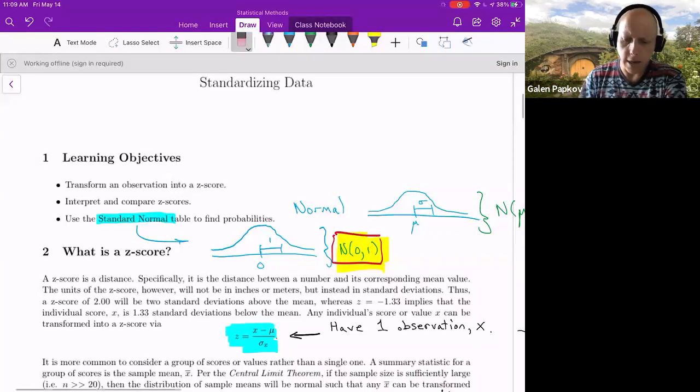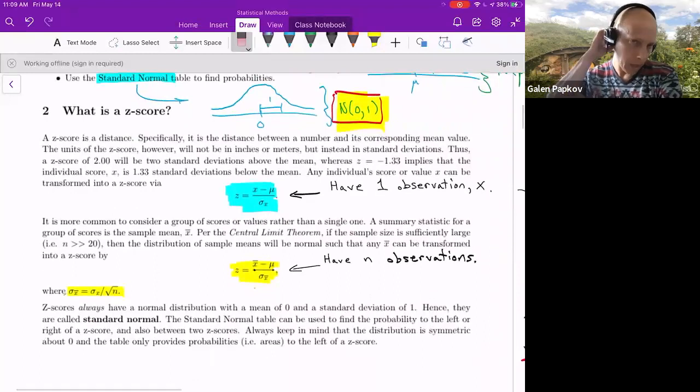All right, so how do you get a z-score? Well, a z-score is a distance. It's just a distance in terms of a unit that you probably aren't used to. Most of us are used to distances in terms of feet, inches, meters, miles, some sort of measurement like that. And now you're going to be learning distances in terms of the unit of standard deviations.